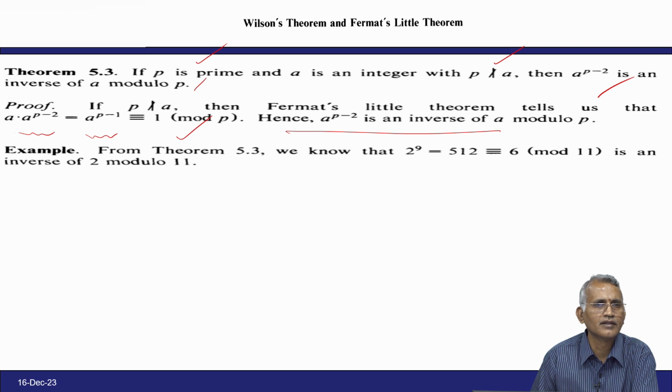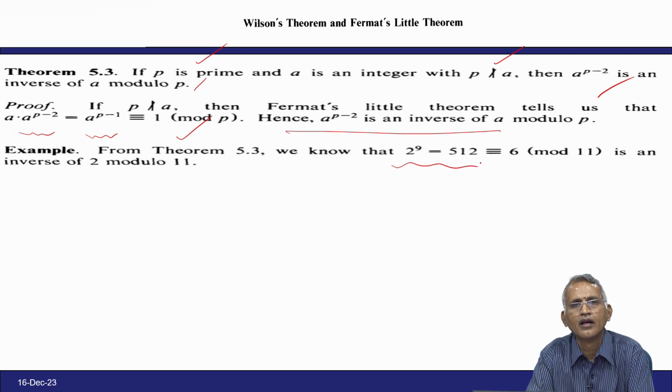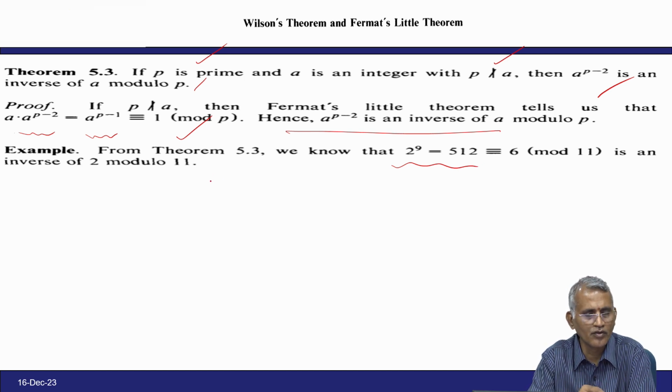From the example of the previous theorem, we know that 2 power 9 is 512. Dividing 512 by 11, the remainder is 6, which is an inverse of 2 under modulo 11.